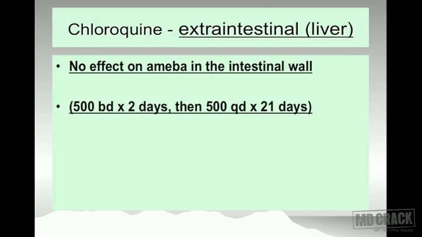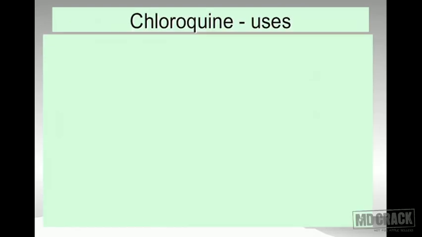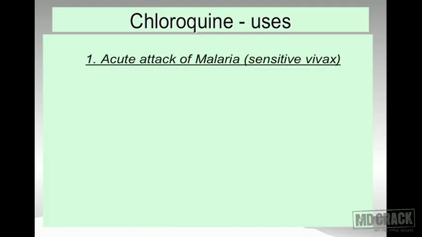It's used in this condition in the dose of 500 milligrams 2 times a day for the first 2 days, and then 500 milligrams just once a day for the next 21 days. It takes a long time and it produces its effect on the amoeba present in the liver. The next slide is showing you all the uses of chloroquine, and it will be worthwhile to revise them.